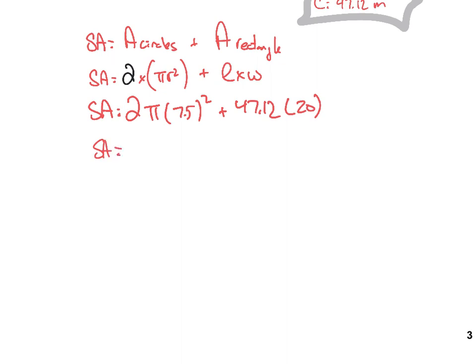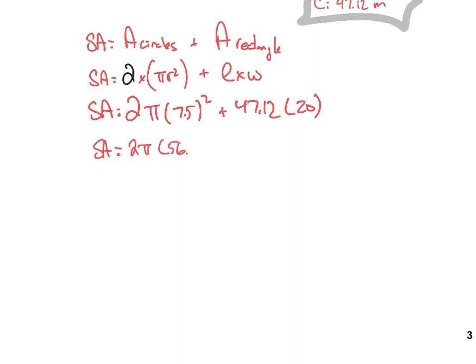And now using a calculator, we can use a calculator on our phone or a standalone calculator, we're going to figure out what both those are. 7.5 squared. Order of operations, you do exponents first.